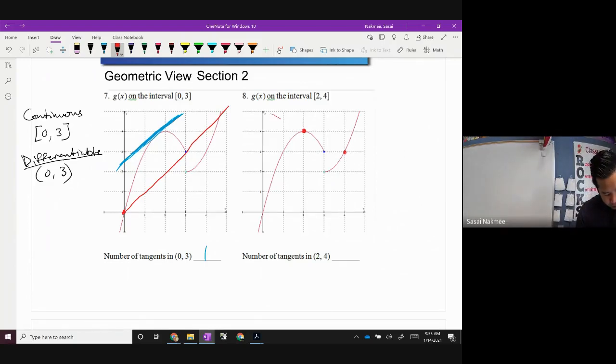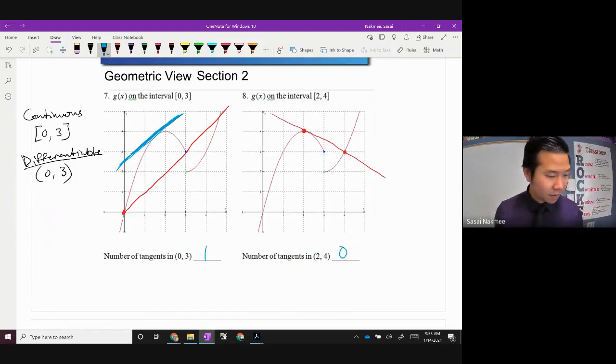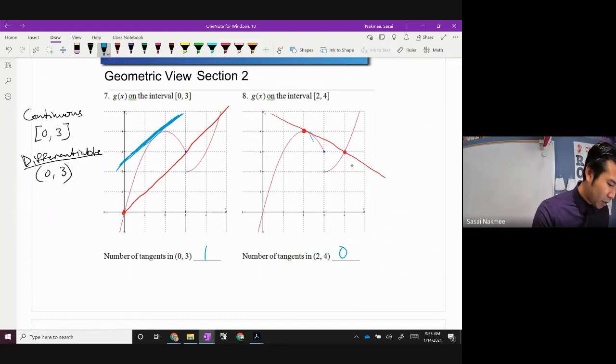So that gives me this secant line right there. And I'm hoping you guys can see, I don't see any tangent lines that are going to be parallel to that. That one's going to be too steep, too steep, too steep. And then this is going in the positive direction. No way that's parallel.